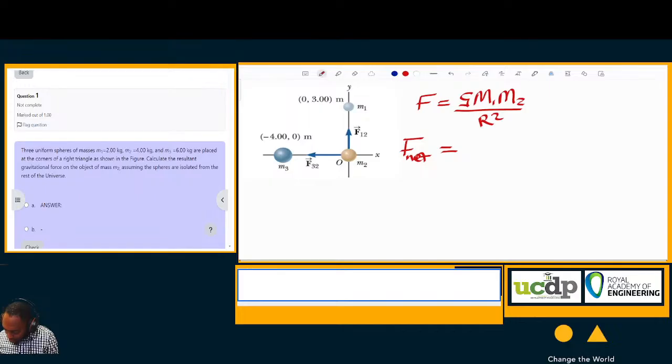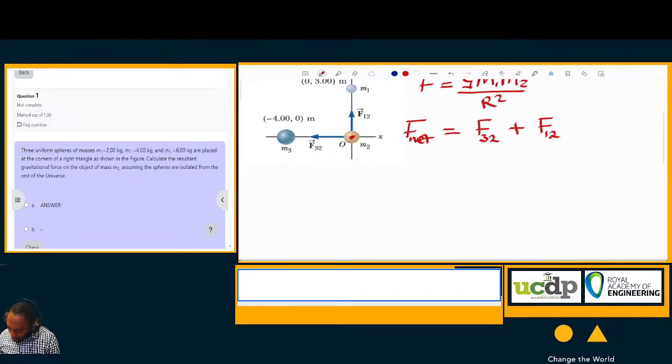Which means that you have your forces F3 on 2 and F1 on 2, because 2 is our reference. This is our point of mass in question. So we can start with the x-axis, where we're looking for F3 on 2.